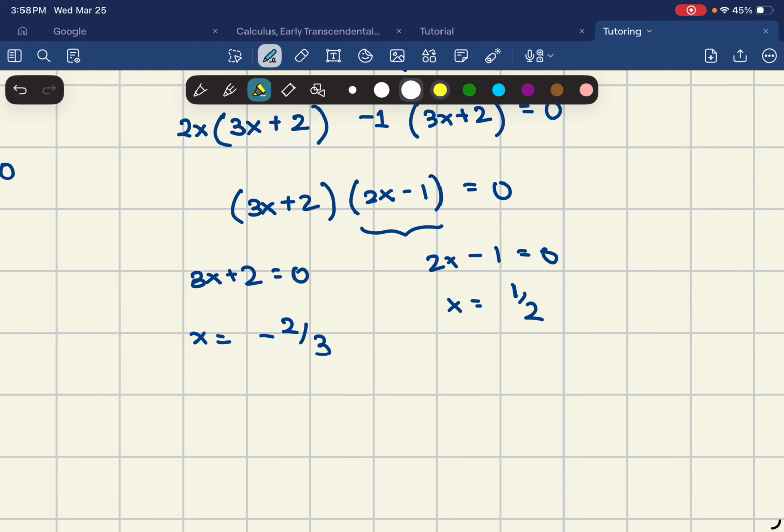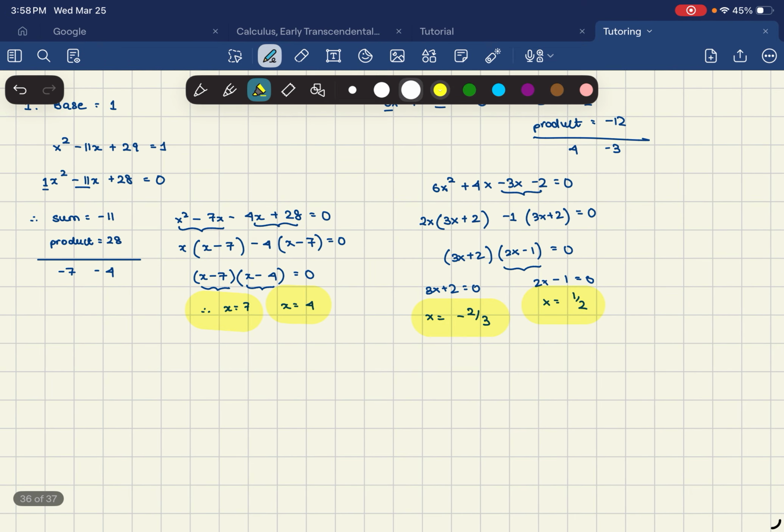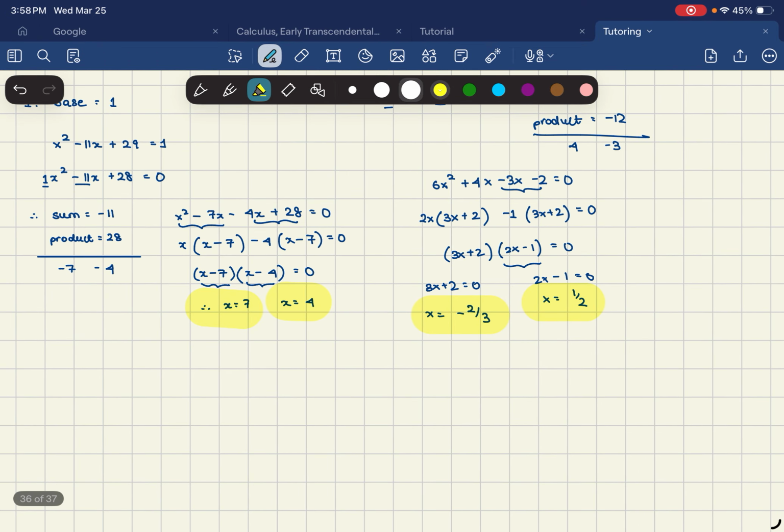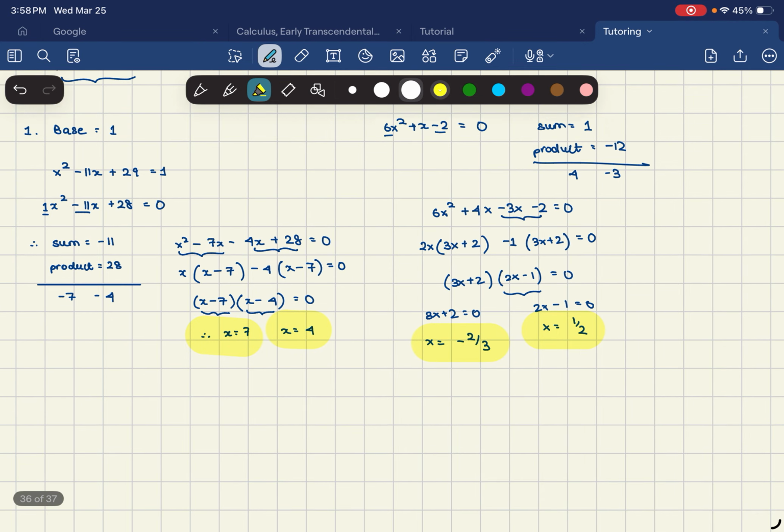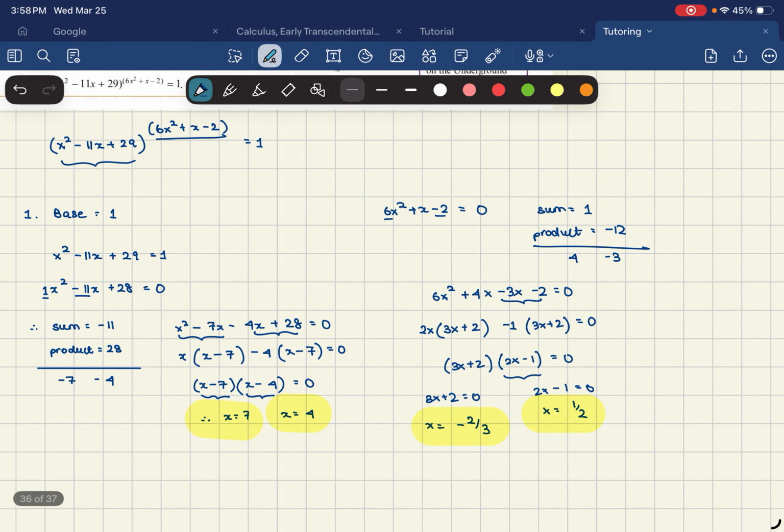So now we have four solutions. We have 1 over 2, negative 2 over 3, x is equal to 4 and x is equal to 7. Now something you might want to avoid is 0 raised to 0. In some cases, for example, in programming, this is undefined. In combinatorics, it might be useful to define it as 1, but we want to avoid 0 raised to 0.